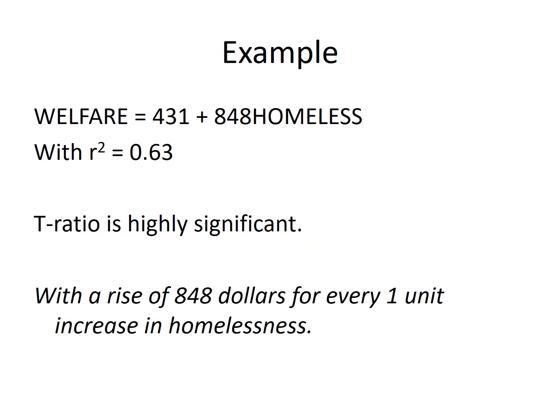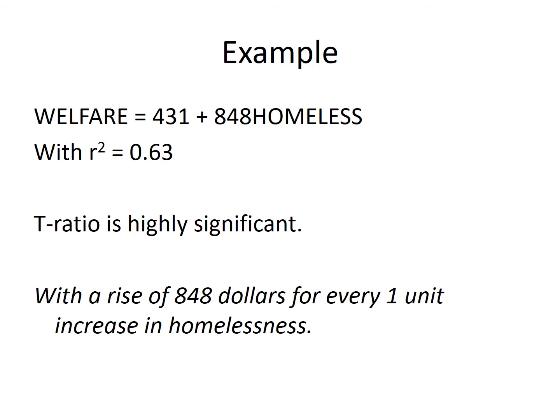So here is the equation. Welfare is the dependent variable, and we have the constant is 431, plus the slope is 848 times homeless. And because we only have one independent variable, this is a simple linear regression or bivariate analysis, we have a little r squared of 0.63, which is really high. 63% of the variance in the dependent variable is explained by homelessness.